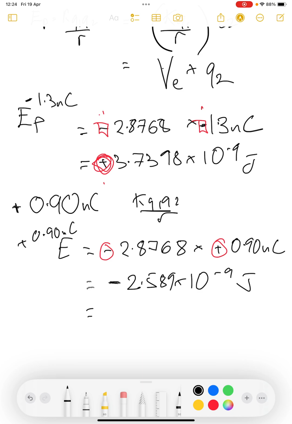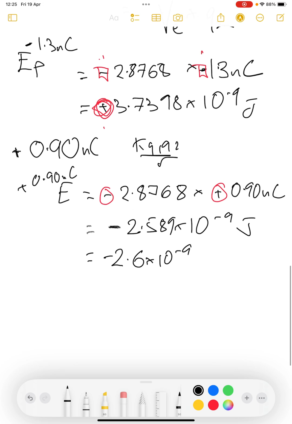So in this case, there is an energy stored in the system to go from here. You're basically saying that the potential energy of the system, to get it to infinity, to zero, you'd have to do work.